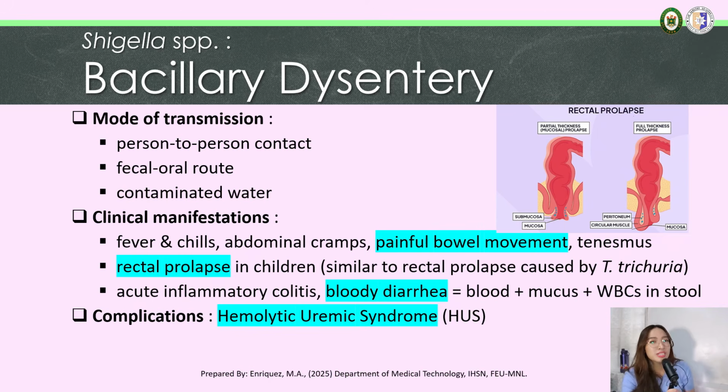The more serious clinical manifestations of bacillary dysentery include acute inflammatory colitis and bloody diarrhea that is composed of not just blood but also WBCs and mucus. So one of the complications of bacillary dysentery is hemolytic uremic syndrome. Ulitin po natin, cases of bacillary dysentery ay maaaring tumuloy into HUS.